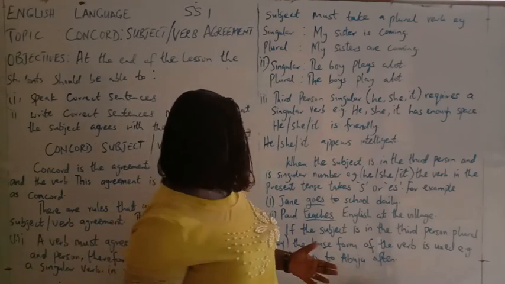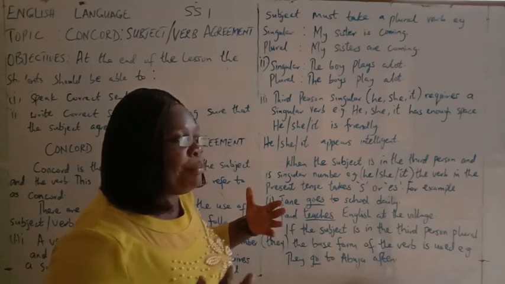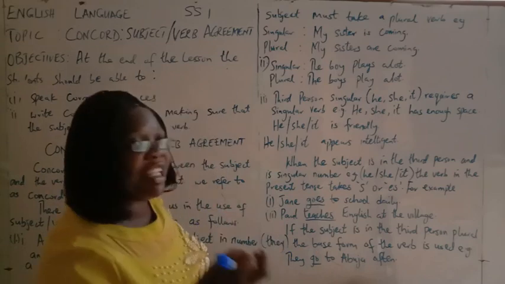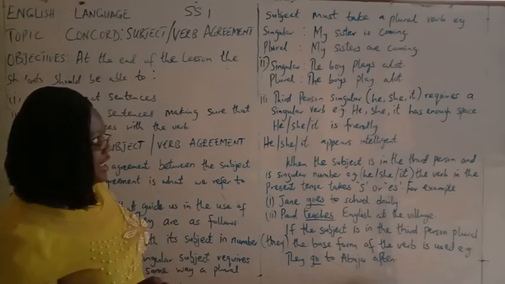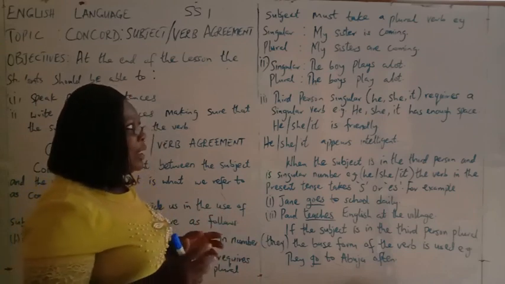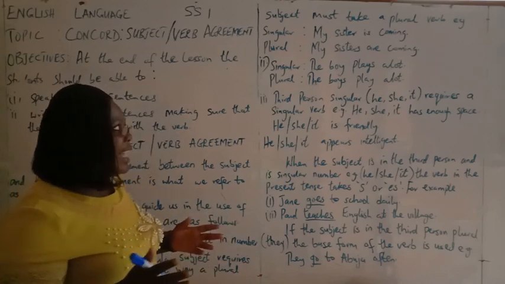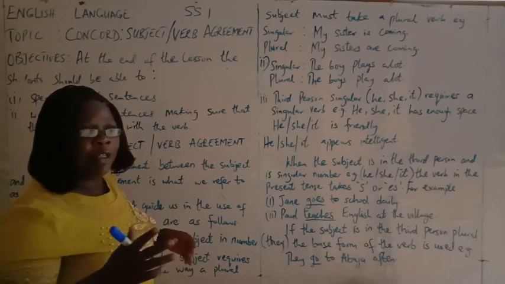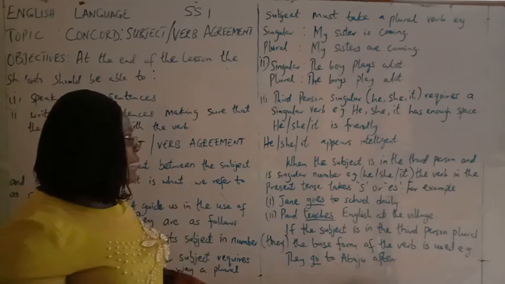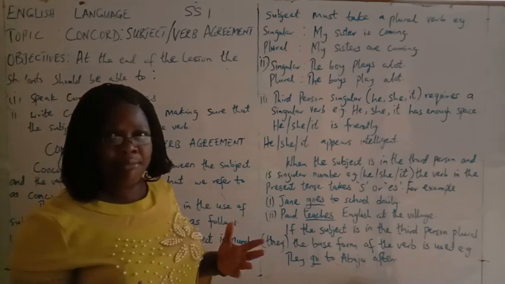Having said that, what are the pronouns that represent the third person? We have the he, the she, and the it in the singular form. He, she, and it are third person singular. These ones, they require what?